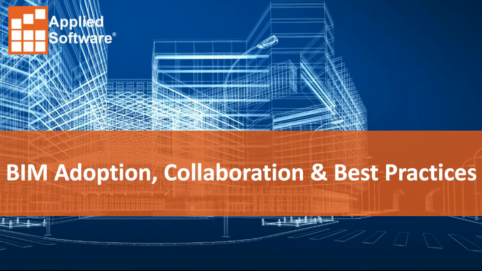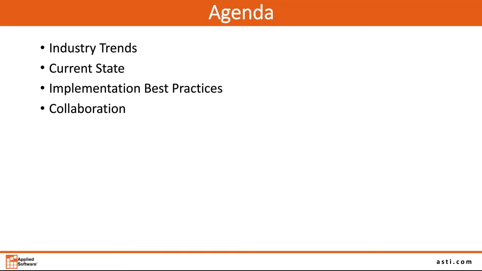Thank you, Amy. And thank you, everybody, for attending our webinar this morning or this afternoon, depending on where you might be. So we're going to break this up into a few different sections. Let me just go through the agenda here. First, I'm going to talk about some industry trends that are affecting, maybe driving, building information modeling, just some issues around it.